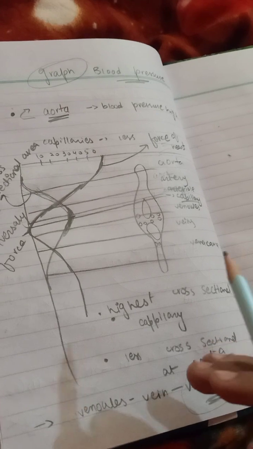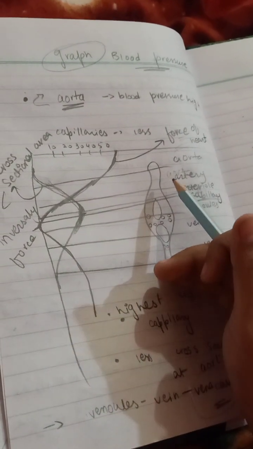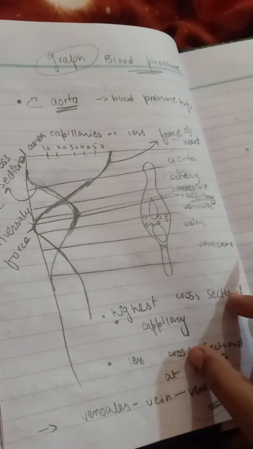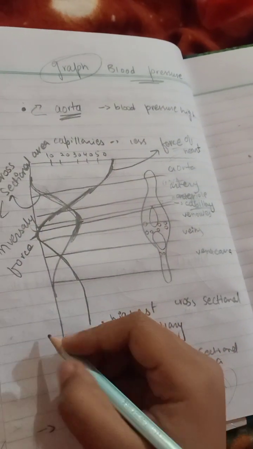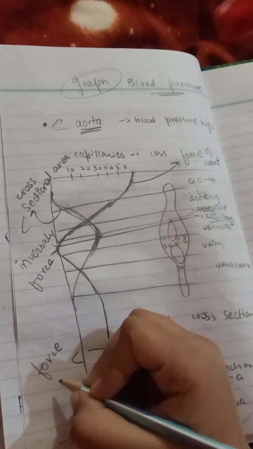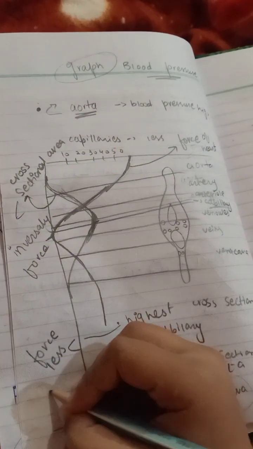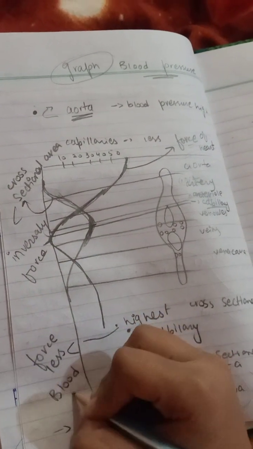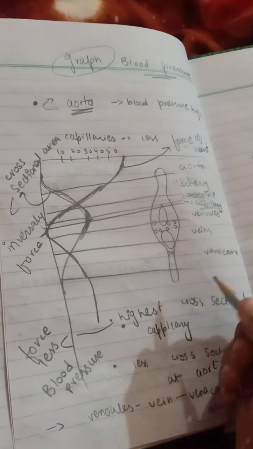So the cross sectional area is highest in the capillaries, which means that the force is less, which means blood pressure is less, which means there is the highest cross sectional area.